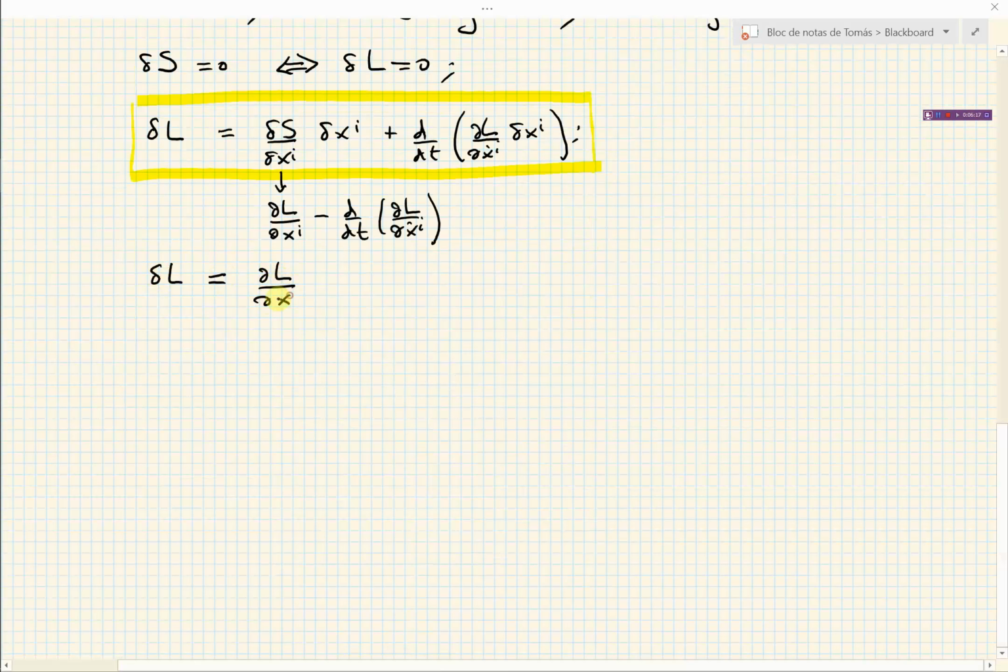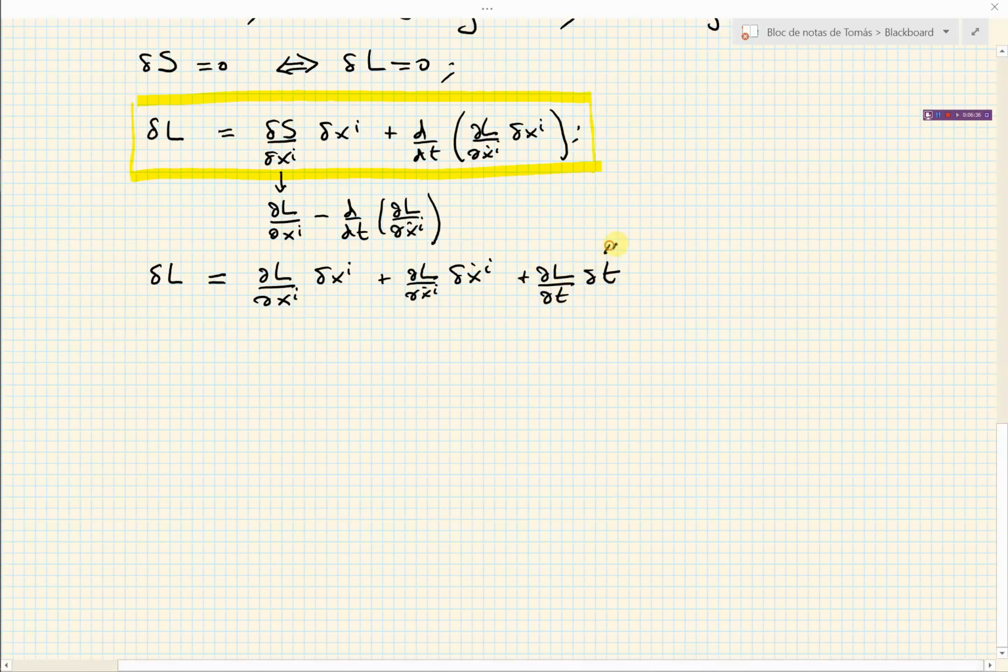So the L depends on the xi's, so I take the partial derivative with respect to the xi's. It also depends on the x dot i's, and it also depends, or may depend, on time. But since we assume that delta t is 0, this last term doesn't play a role.